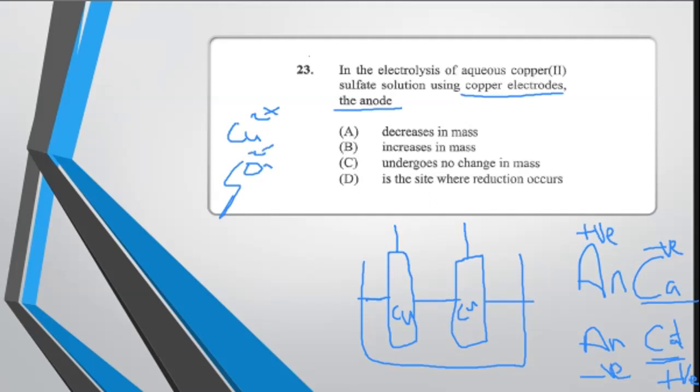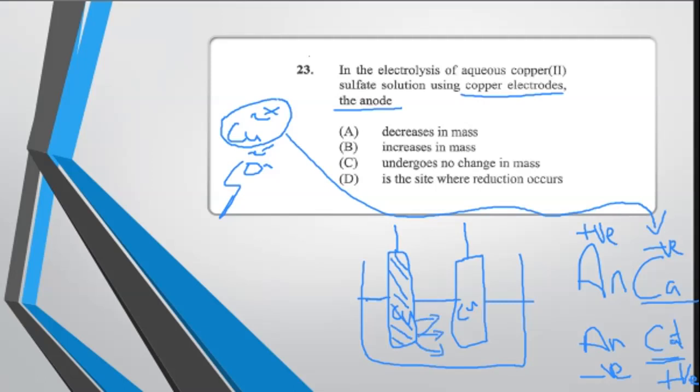The Cu2+, which are your positive ions, are going to be attracted to the negative electrode, the cathode. But the electrode itself is made of copper. So in order for the copper ions to move from this one to the next electrode, the copper needs to come out of the electrode and go across.